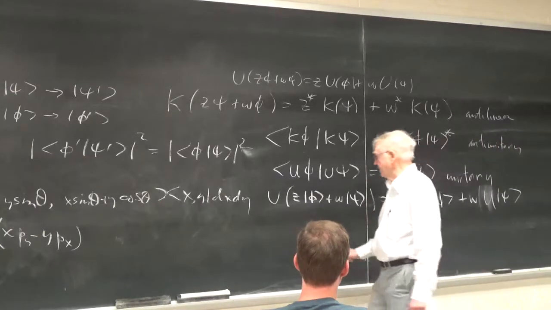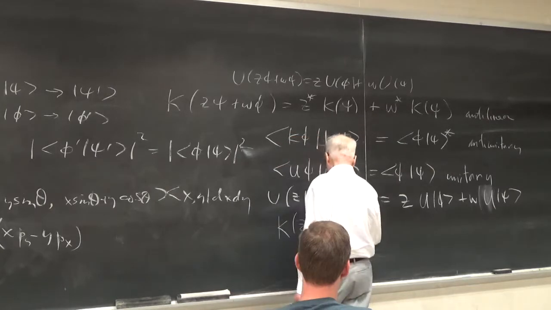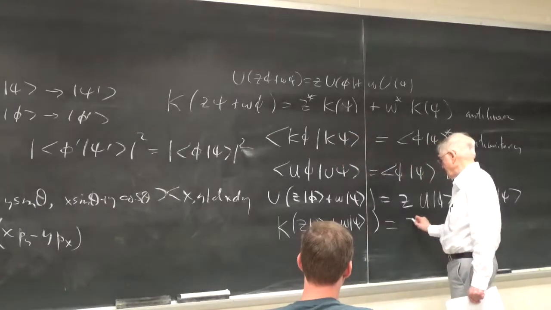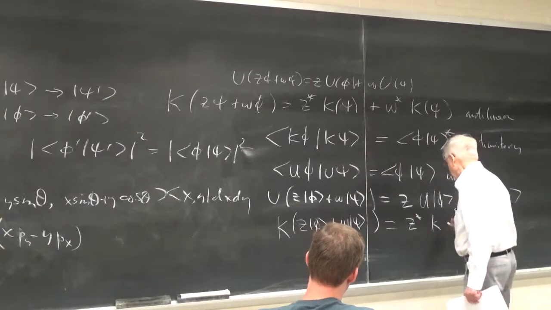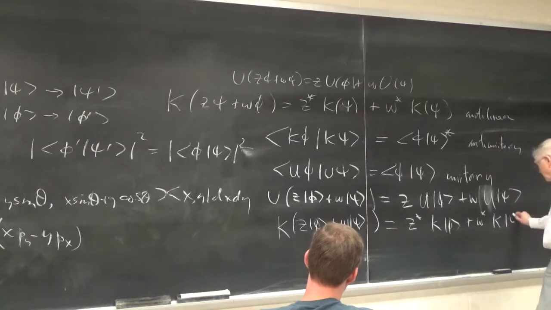And antilinear is K on z phi plus w psi is z star K phi plus w star K psi. I think I interchanged phi and psi. But anyway, I think the rules are as I wrote them.